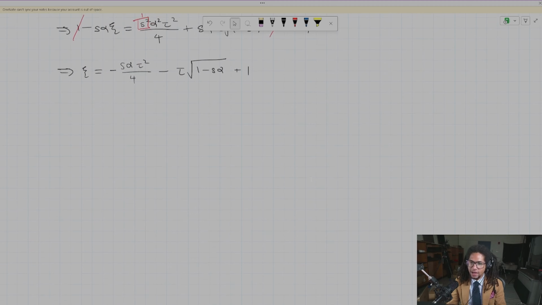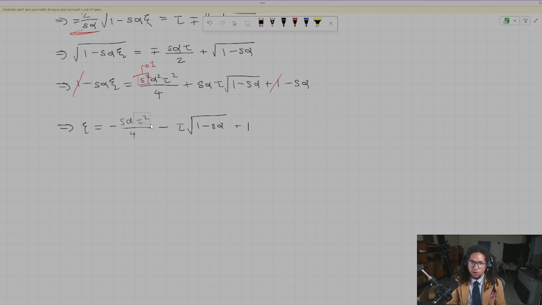Down here, that is exactly what we have. Notice that we have a term proportional to tau squared, a term proportional to tau, and a term that is 1 in the non-dimensionalized units. So we get back the correct constant acceleration type motion.